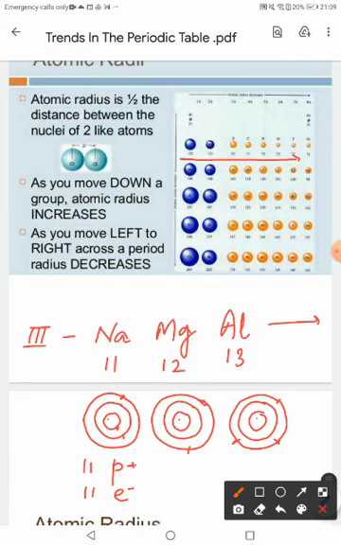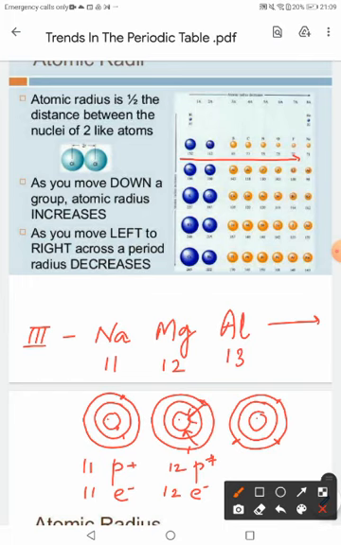In the case of magnesium, it will have 12 protons, and these 12 protons will hold the 12 electrons more strongly as compared to sodium because the effective charge is increasing. There are more positively and negatively charged particles, so there will be more force. This more force will pull the last shell electrons more tightly.